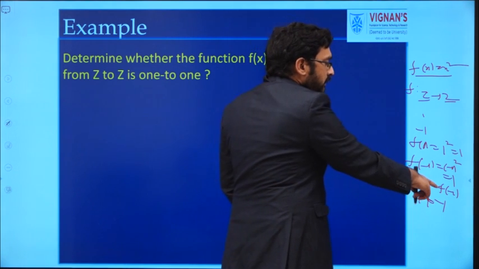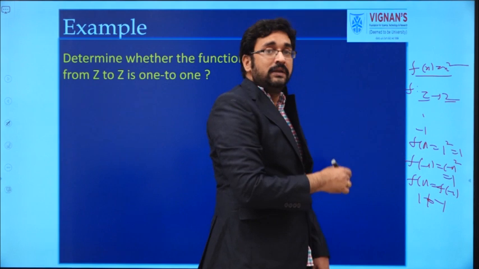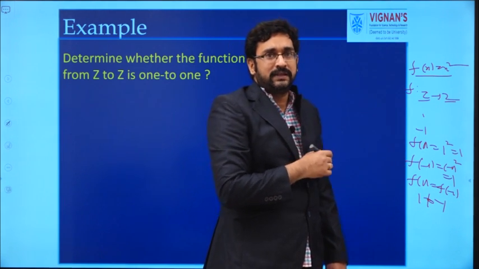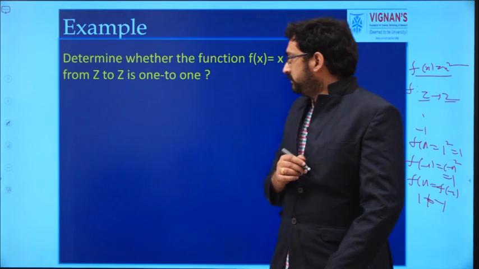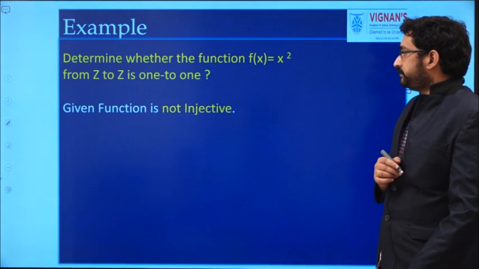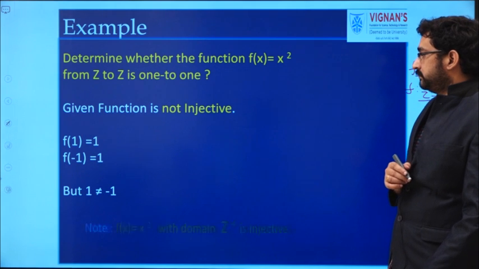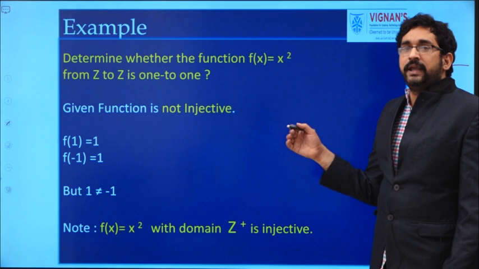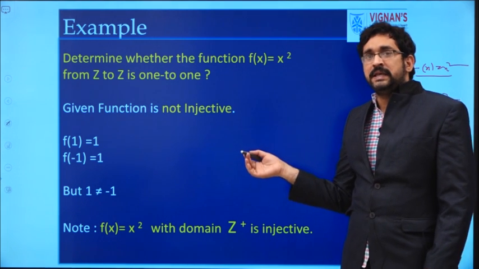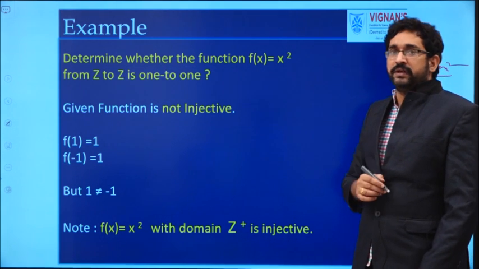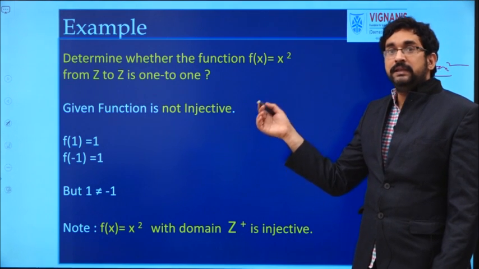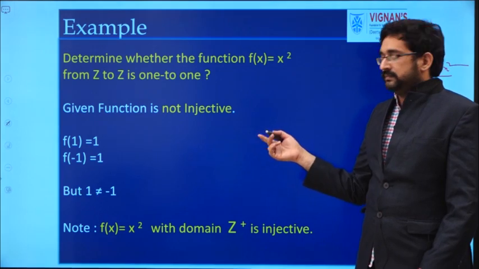Here f of 1 equals f of minus 1, but 1 is not equal to minus 1. Hence, we can say that it is not 1 to 1. It would be possible if you take the domain as only the set of positive integers. In that case it will be 1 to 1. Instead of Z to Z, if you take Z plus to Z, it may be 1 to 1.